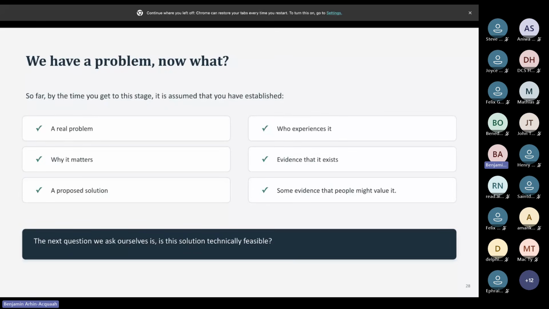You need to really understand the implementation details of the solution and know that, if we say we are solving it with technology, we have the available resources.